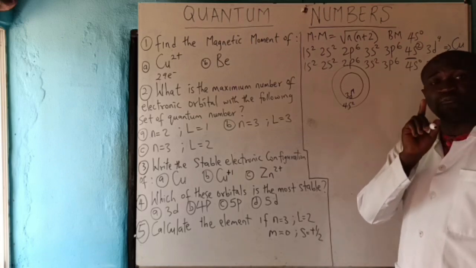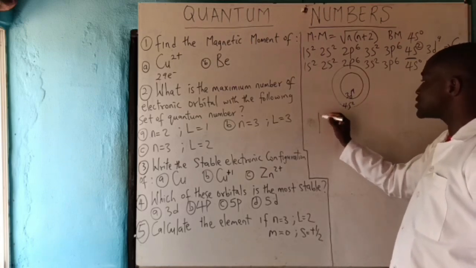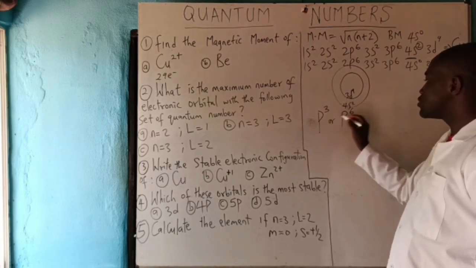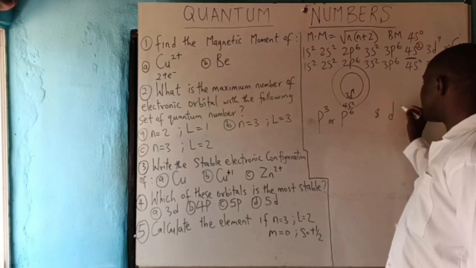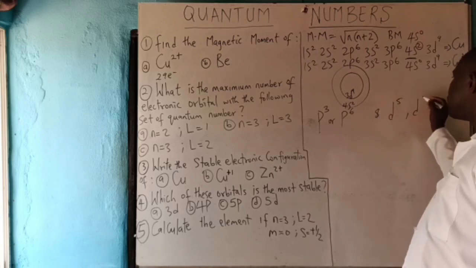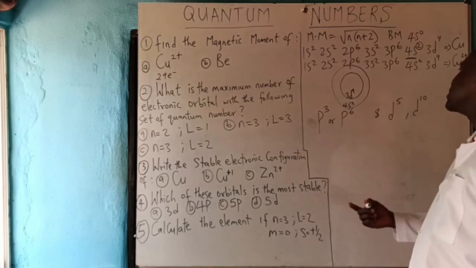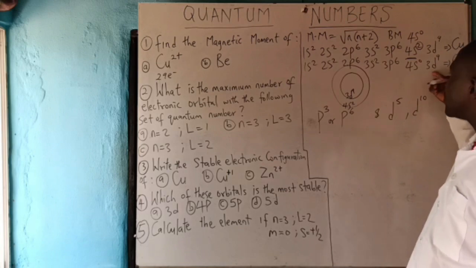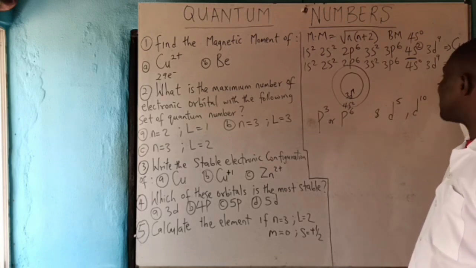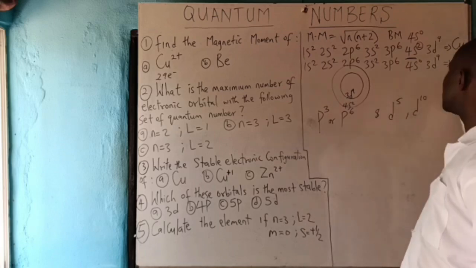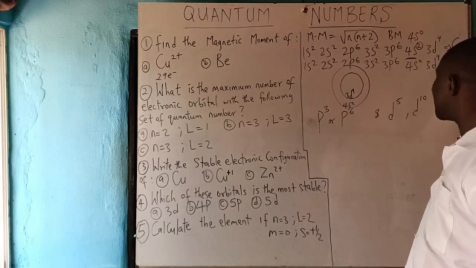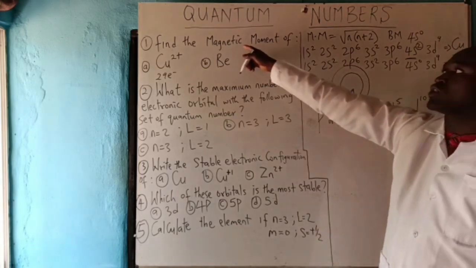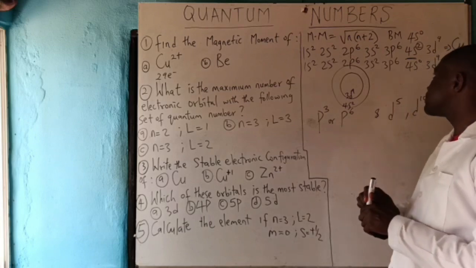Also, if p orbitals are half filled or fully filled, that electron configuration is said to be a stable one. So this is not a stable one, because it is neither half filled nor fully filled. So it is an unstable copper 2 ion. Whether it is stable or not doesn't concern us as we want to talk about its magnetic moment. Okay.